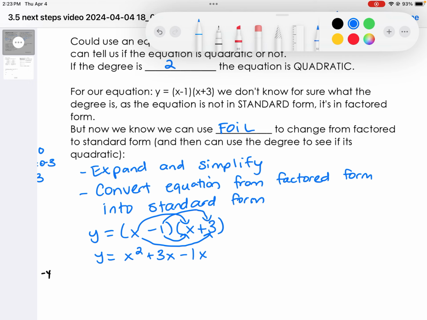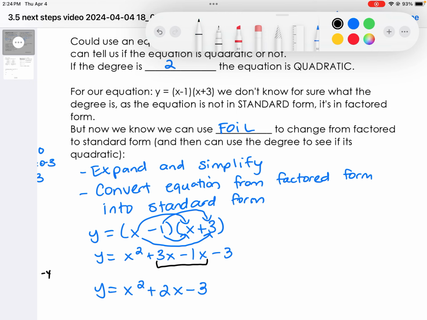So if it helps you to emphasize that it is a negative 1, because of course the middle term we always have to collect like terms, okay? And then the last term is just the number, negative 1 times positive 3 is negative 3. Okay, so collect those like terms in the center. And now we have standard form.